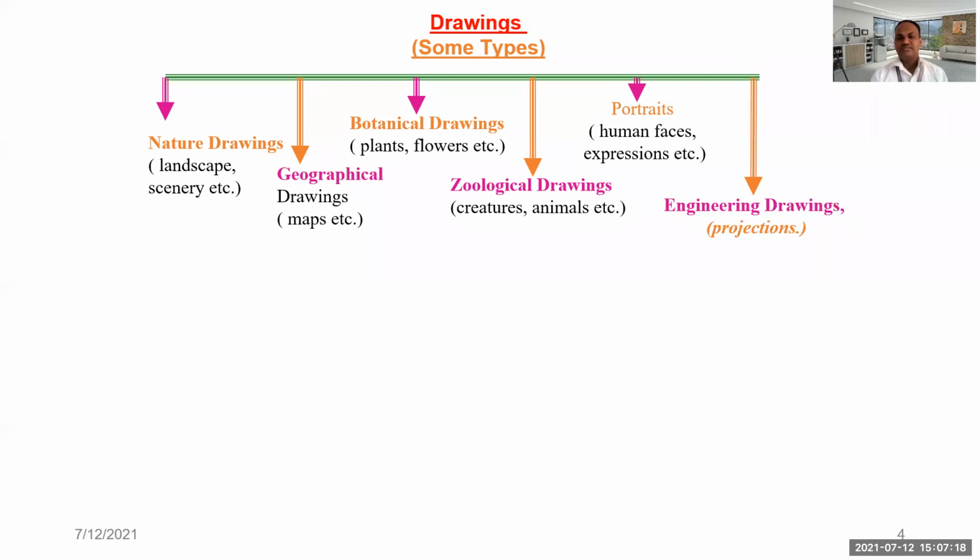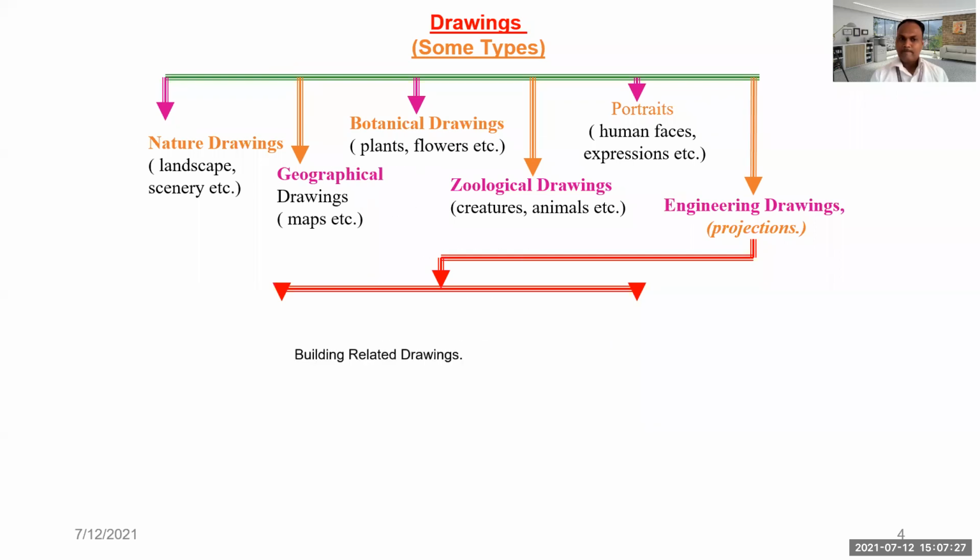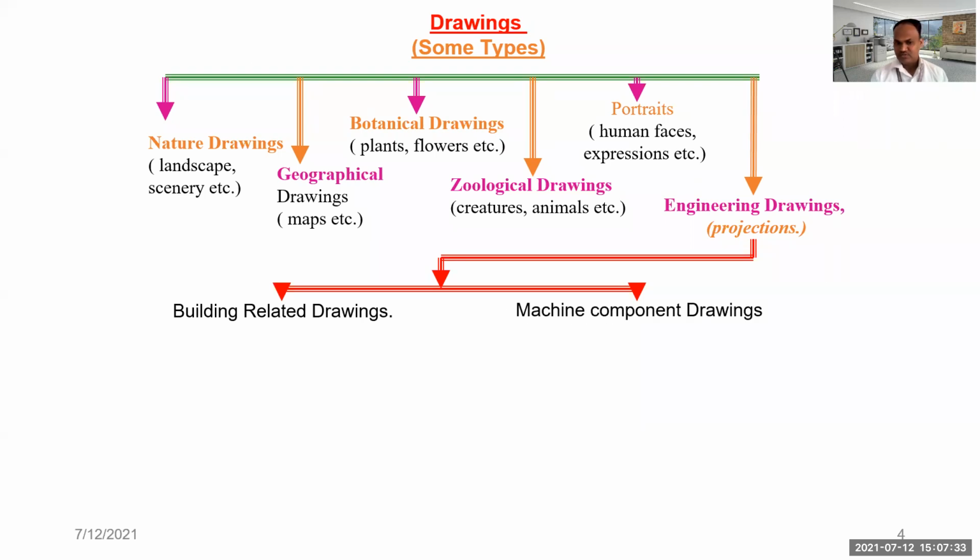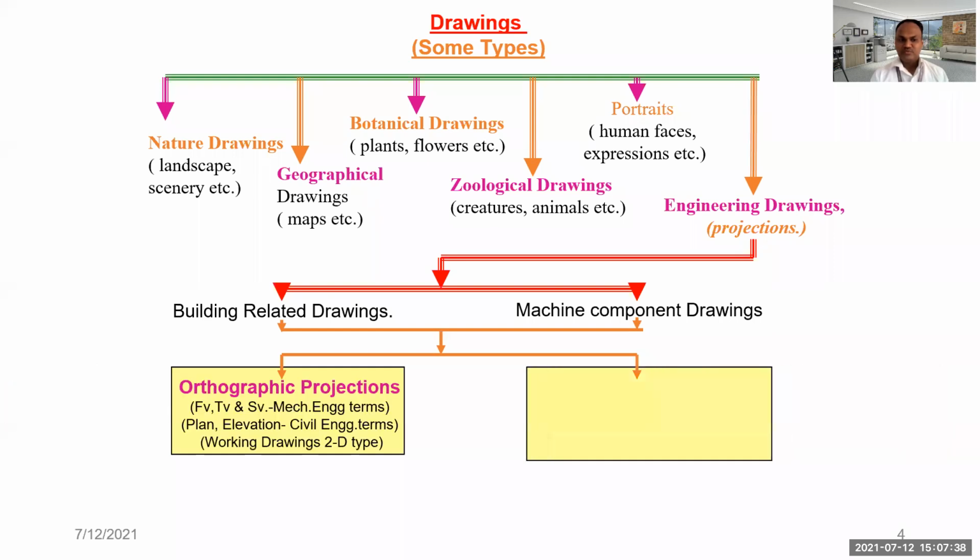Now the last part is engineering drawing. That is all about projections. So we are going to see projections in two terms. Some building related drawings will be there or some mechanical component drawings will be there. So in case of building related drawings, what we do, we draw orthographic projections.